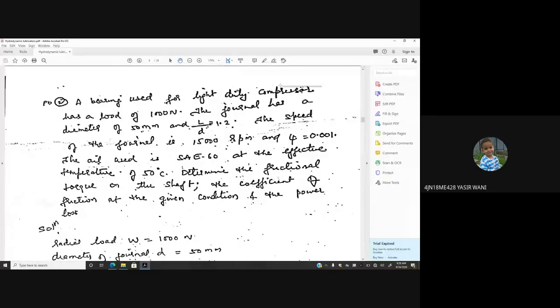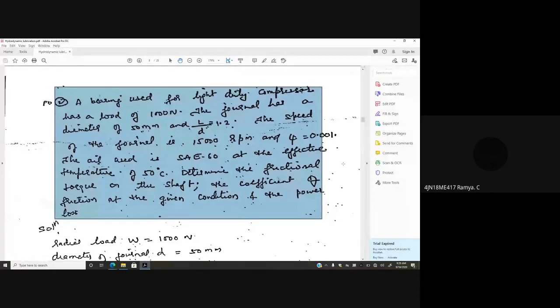Sir, question. This one, problem number 2, a bearing used for light duty compressor. Read this problem. The journal has a diameter of 50 and speed of the journal 500 rpm and psi equal to 0.001.